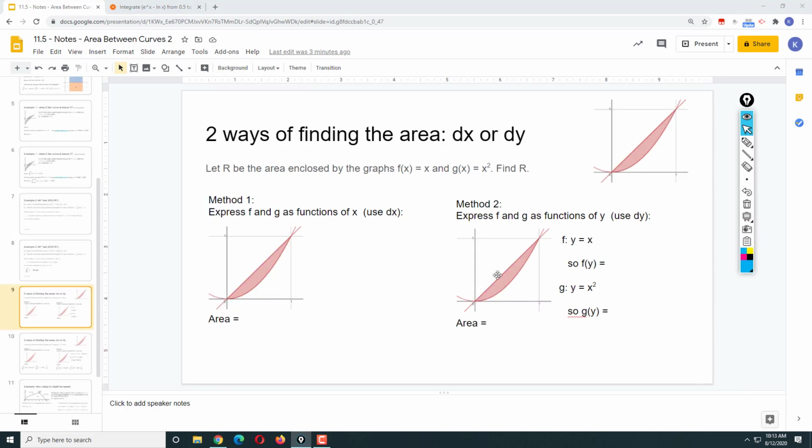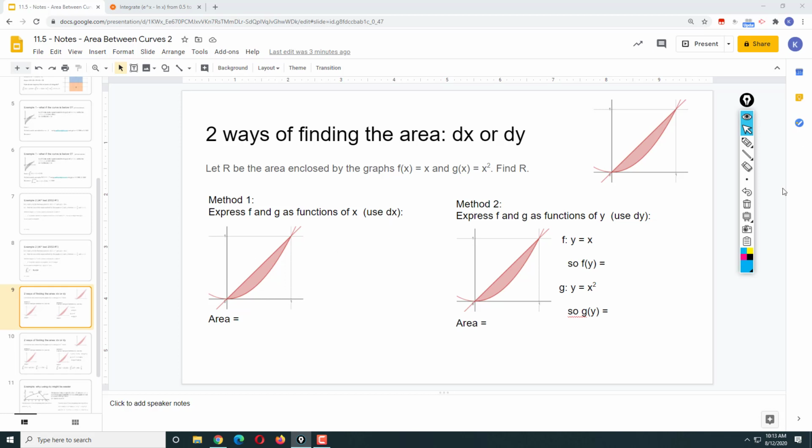Next. So far, we have always integrated with respect to x. So we use the functions f of x and g of x, and we do the integral times dx. For example, let R be the area enclosed by the graphs f of x equals x and g of x equals x squared.